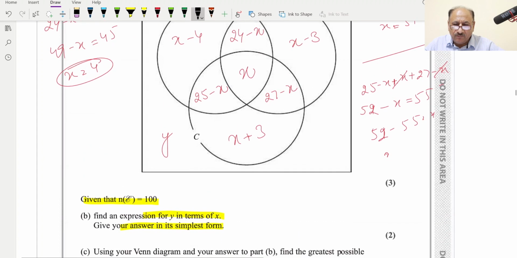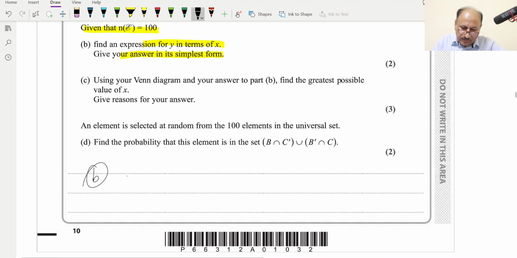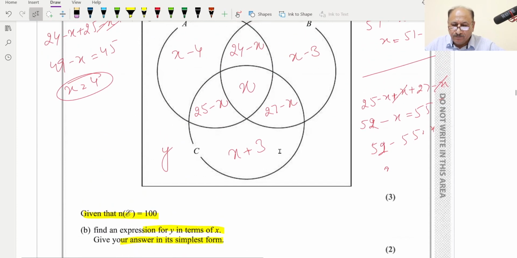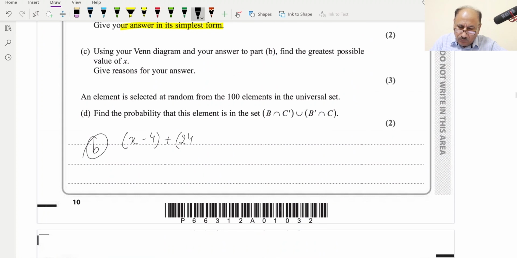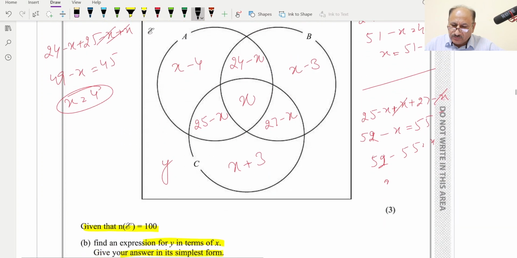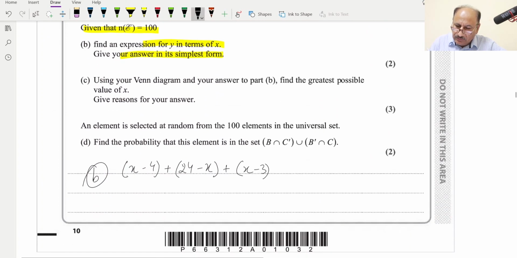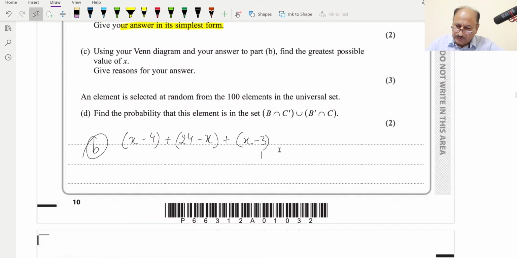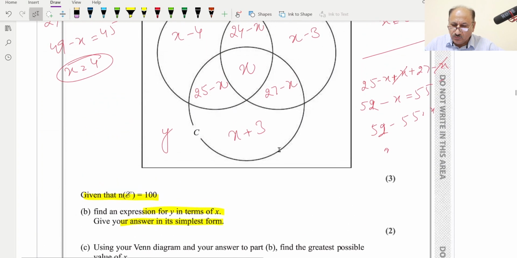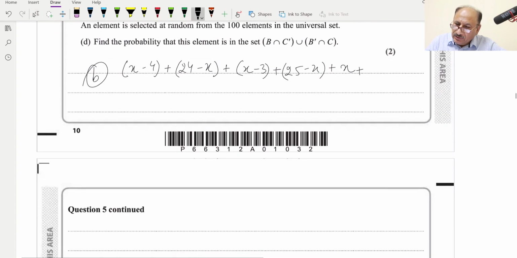Starting from x minus 4, plus 24 minus x, plus x minus 3, plus 25 minus x, plus in the middle it was x, then 27 minus x, and the last one is plus x plus 3, and plus y is equal to 100. So this will be the lengthier equation.